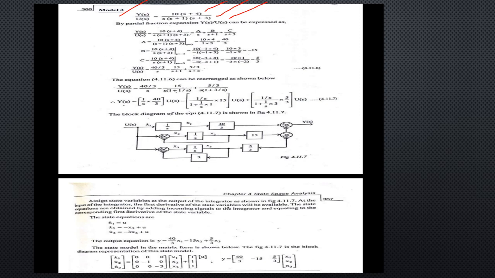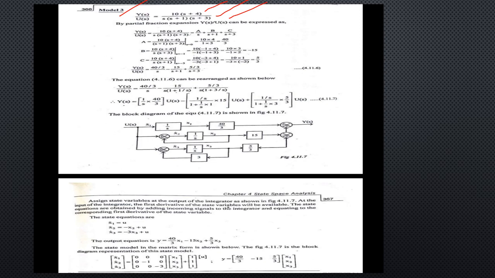The first step is to take the partial fractions. After partial fraction expansion, express the Y(s) equation. After expressing the Y(s) equation, construct a state diagram for Y(s).